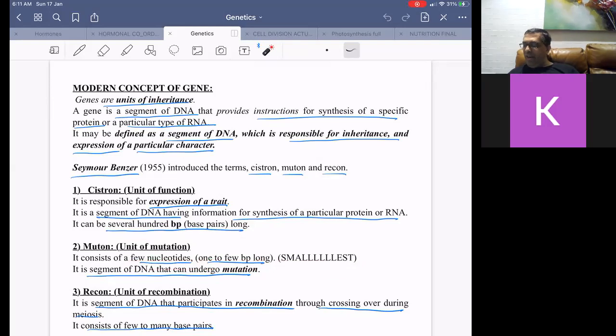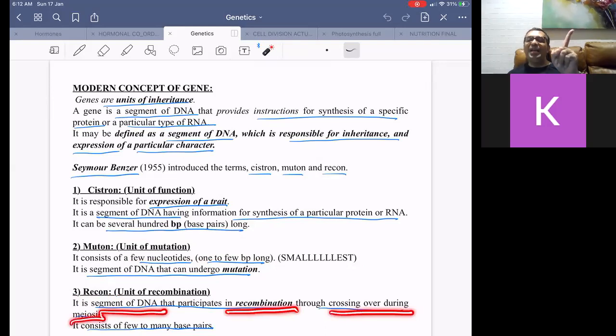And then we have recon, unit of recombination. It is the segment of DNA that participates in recombination during crossing over during meiosis. So pachytene में that segment of DNA which crosses over and undergoes recombination is called as a recon, which is a few to many base pair.